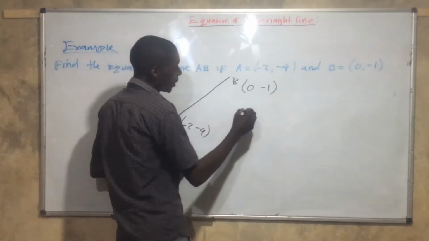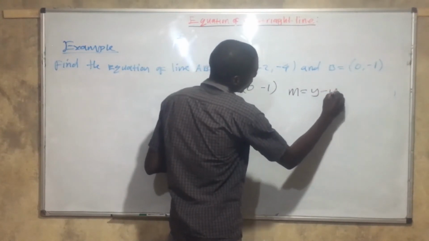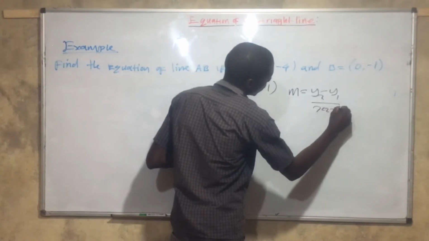The gradient is equal to y2 minus y1, over x2 minus x1.